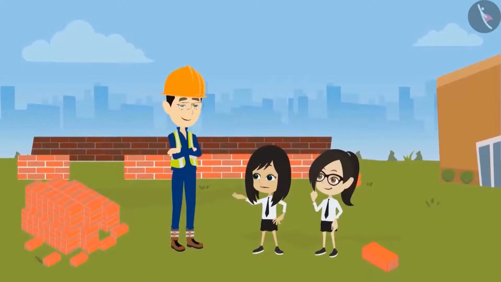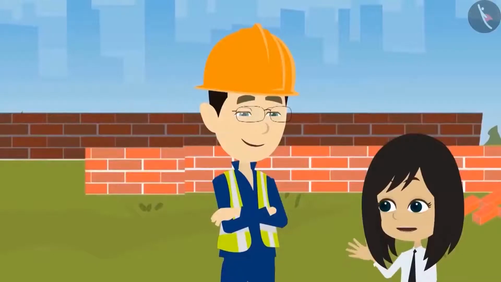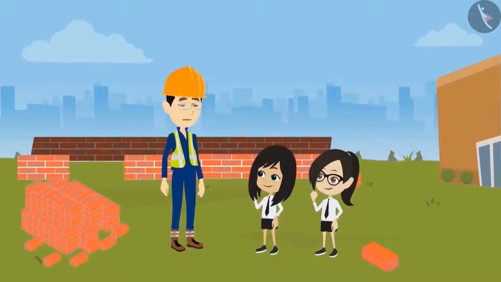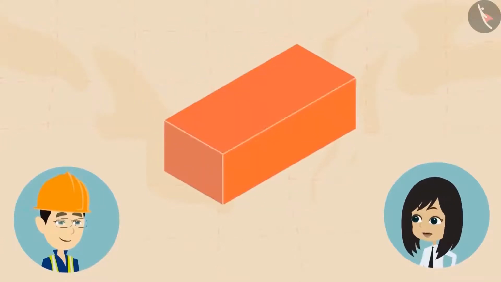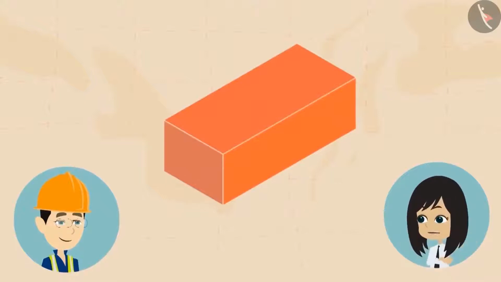But here all the bricks are of the same shape. Are all bricks of the same rectangle shape? Yes, all the bricks are of this shape, a rectangular box. In mathematics, this shape is called a cuboid. This brick has so many faces. Can we count them?